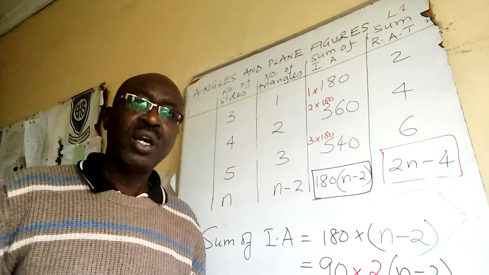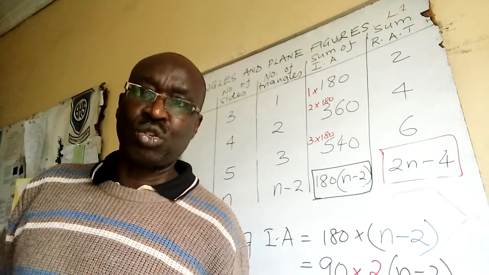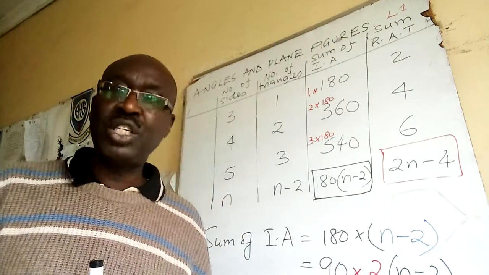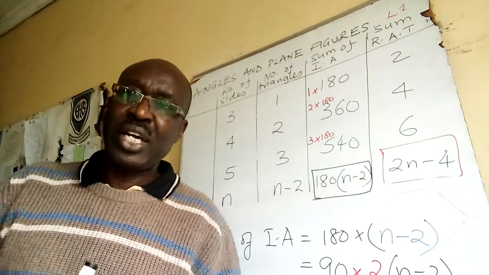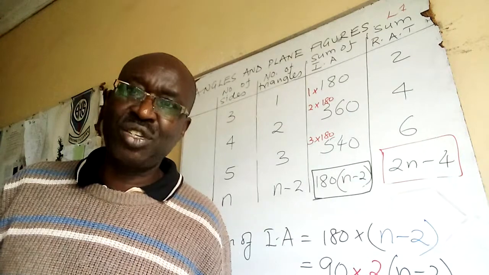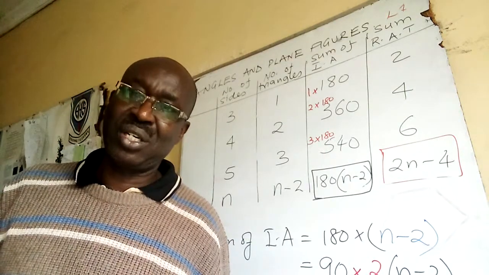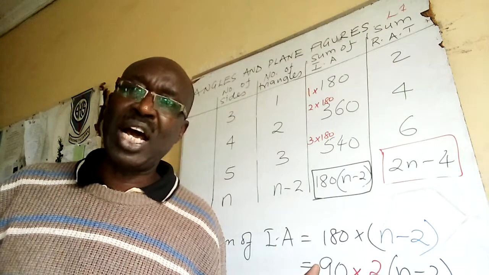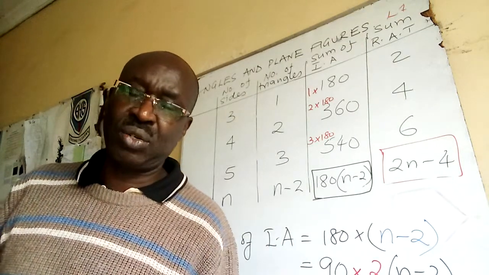We shall use it in the next lesson, where we shall be doing application, so that you see how I use this formula. I didn't do exterior. Okay, exterior is just 360. When you go round once, it's 360. So I will be trying to apply interior angle, exterior angle in the next lesson.